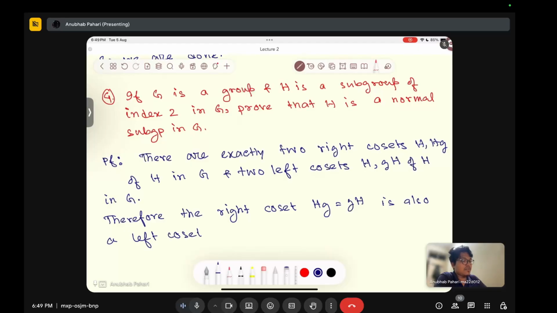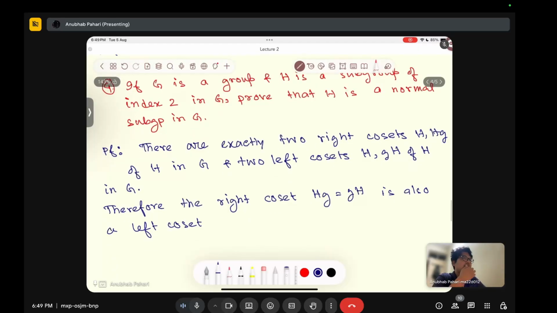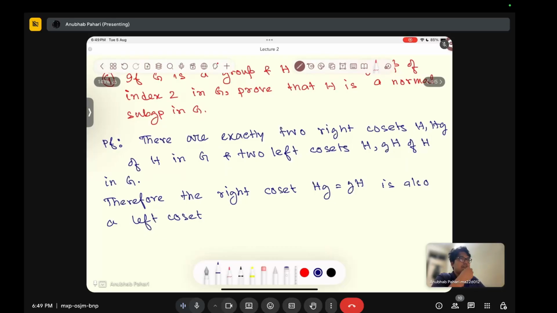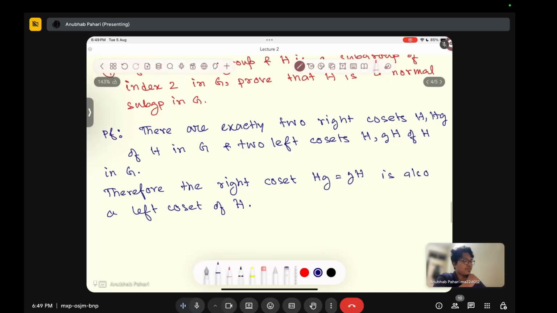Again, using the previous argument that either they are equal or they have empty intersection with H. So this is also an equivalent definition of normality of H. So H is normal in G.